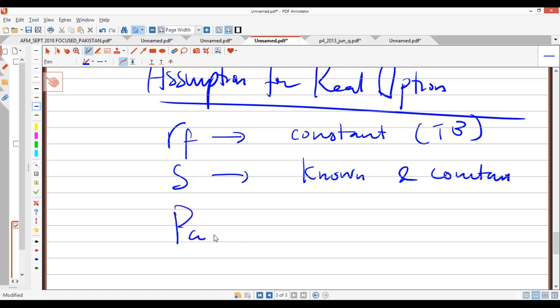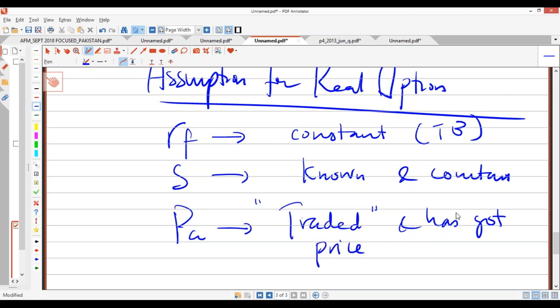What else do we have? We're going to talk about PA. For PA, we assume that the project will be traded and has got price movements.